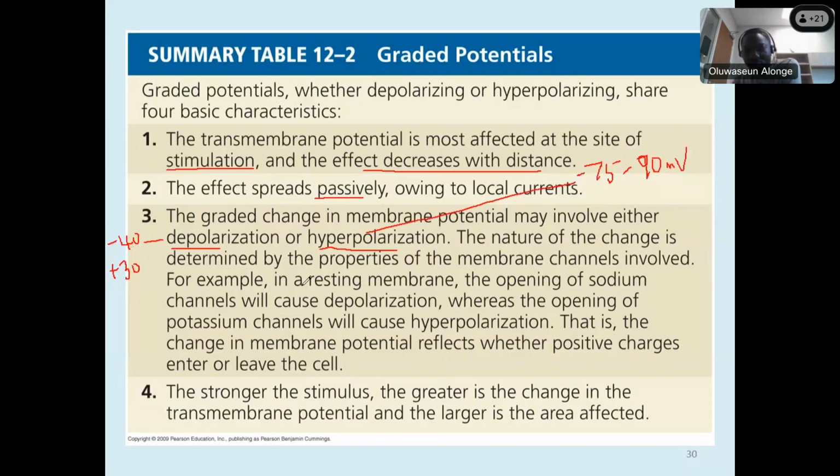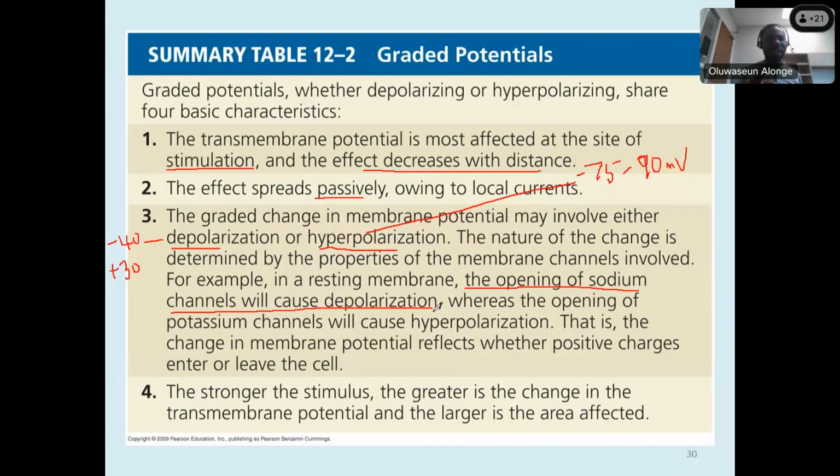Now, for example, in a resting membrane potential, look at this statement: the opening of sodium channels will cause depolarization. There are two channels, the potassium channel and the sodium channel. I told you that sodium channel brings sodium into the cell, right?